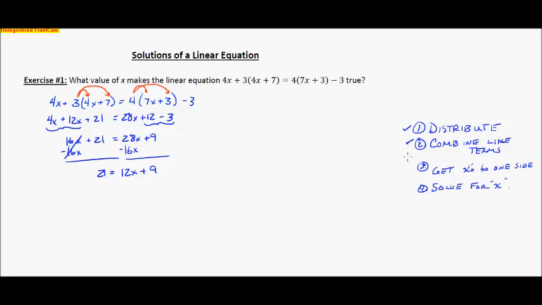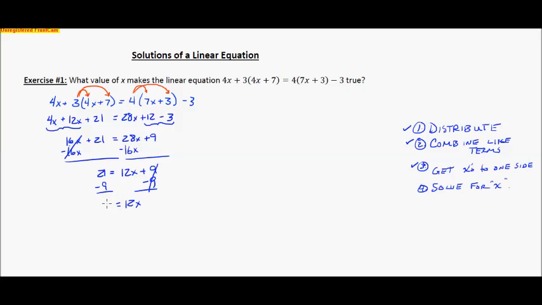Alright, so I've got my x's to one side, and now I do my algebra. I divide or multiply or add or subtract or whatever I need to do. I solve for x. Alright, so we've done this for a while, so the first thing you're going to do is take away 9, and if you do it to one side, you've got to do it to the other. So I have 12x over here, because these 9s cancel out with each other.